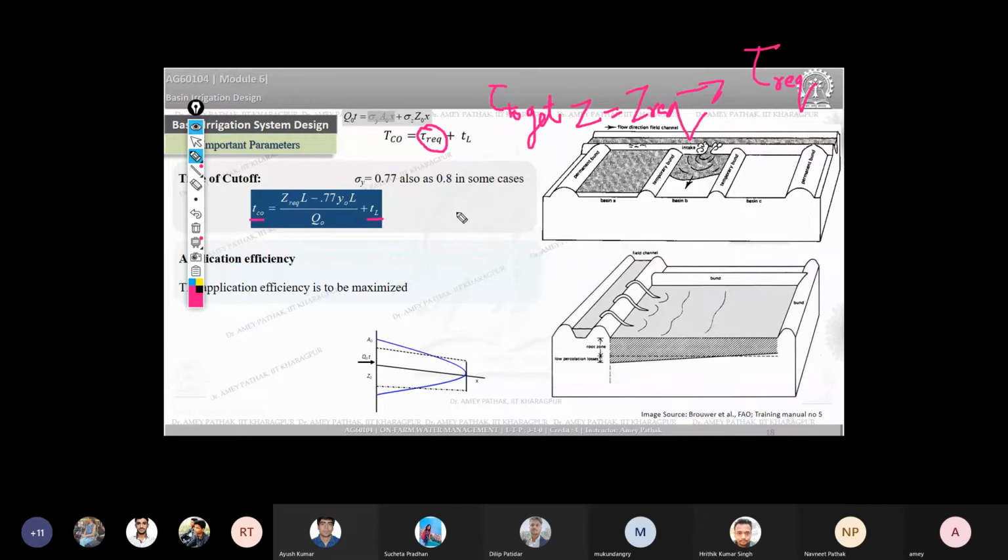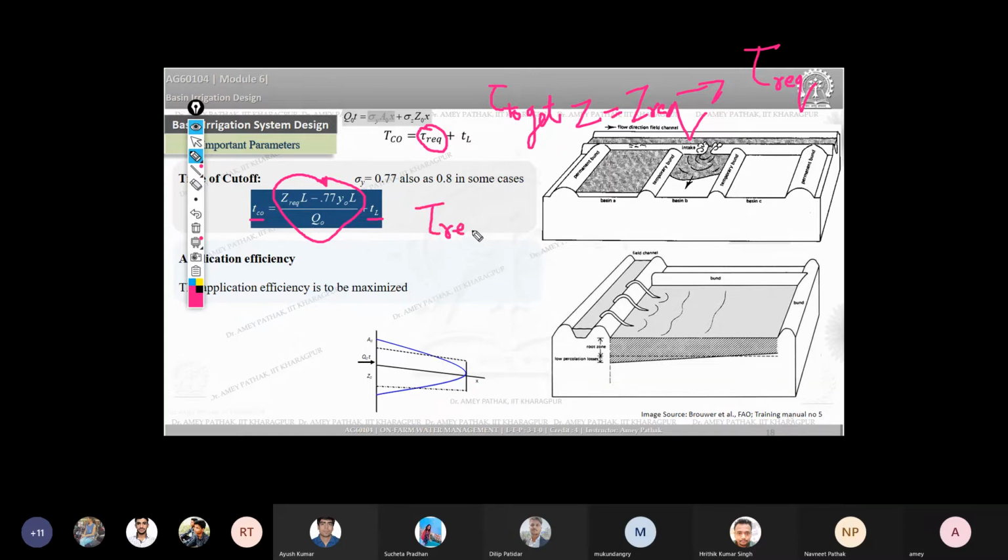So what we are saying is that this is your tau requirement, time of advance plus this one. So how to write this tau requirement?